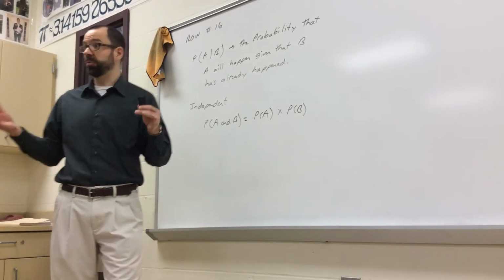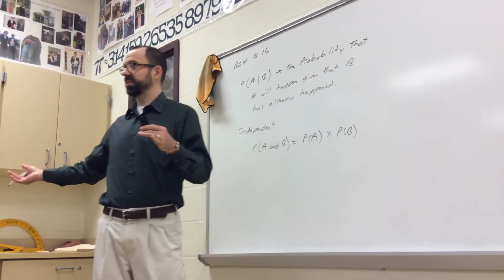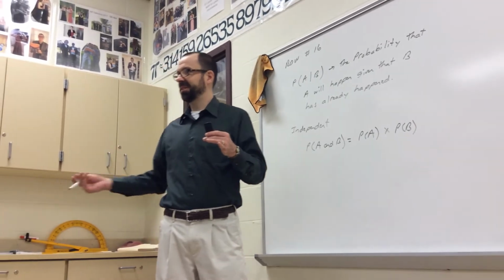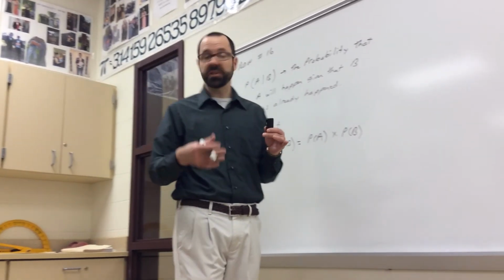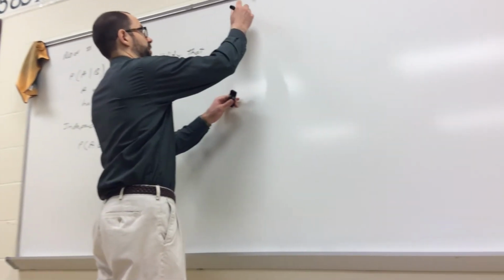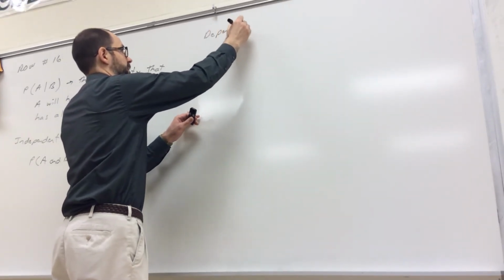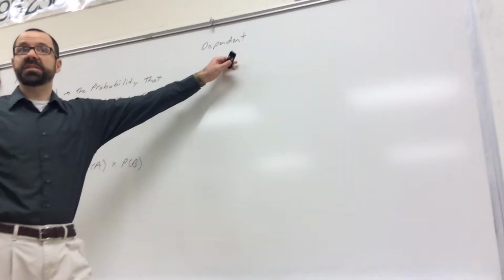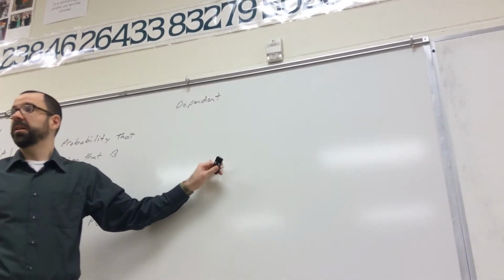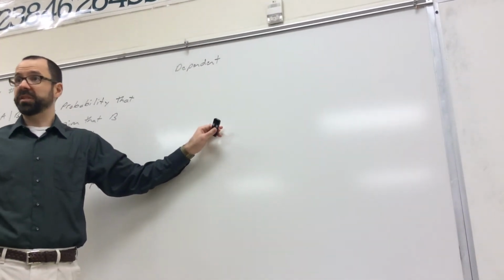So that's if it's independent events. And that's true when you're flipping a coin. It doesn't matter whether you get heads or tails the first time. It doesn't affect what happens the second time. But sometimes it does affect things. So those are called dependent events. And an example of a dependent event would be you take a card out of a deck.